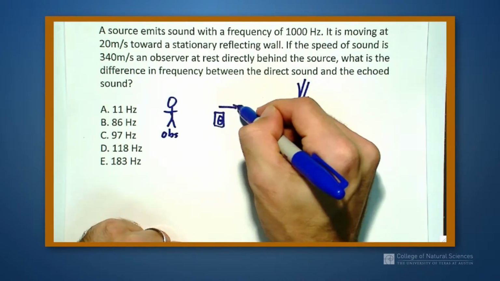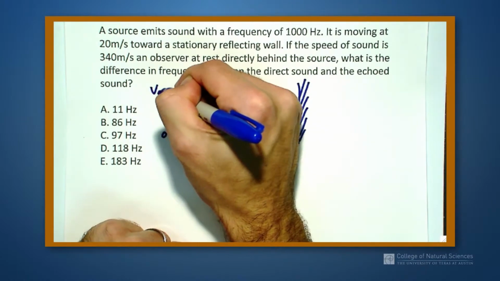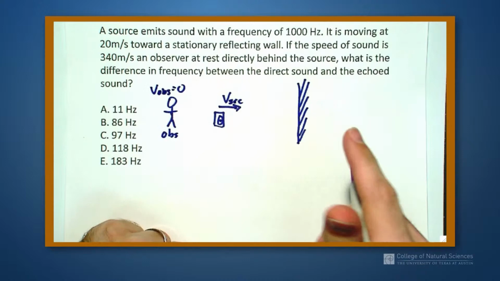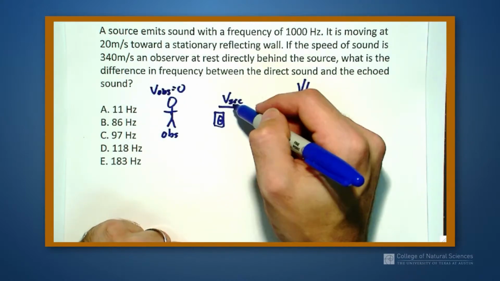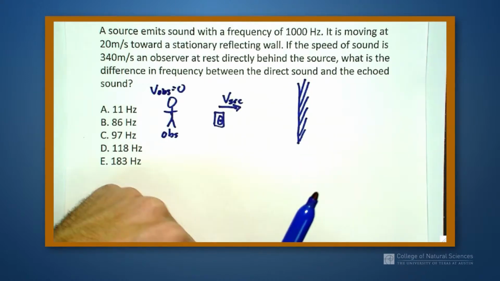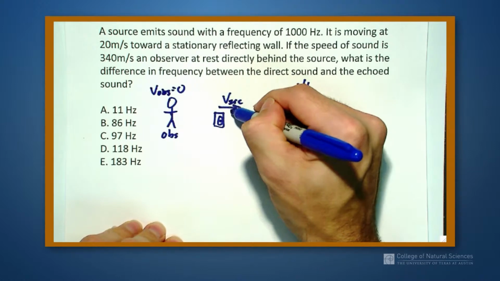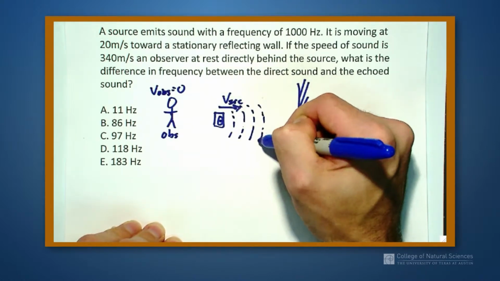So my source is moving at 20 meters per second towards the stationary wall. What's going to happen is that the source is going to emit its sound waves, and some of the sound waves are going to get stacked up on the front side.